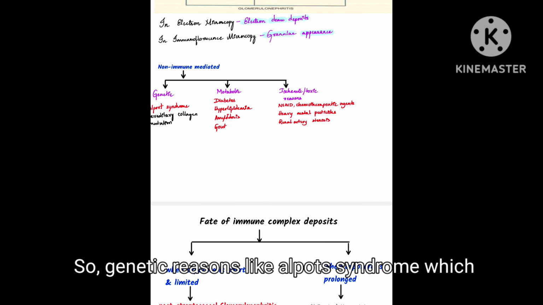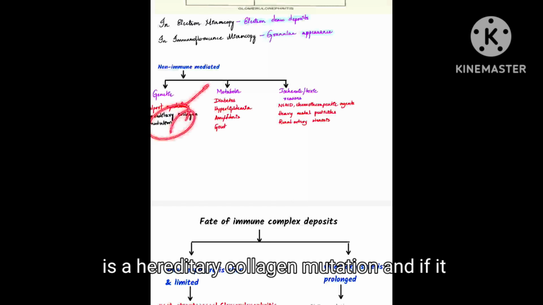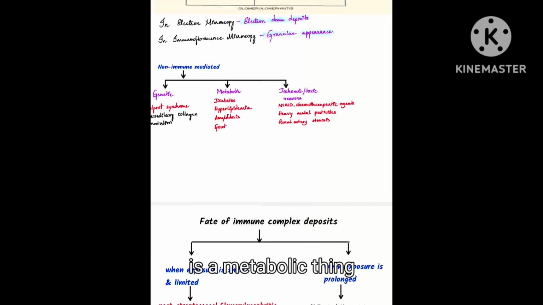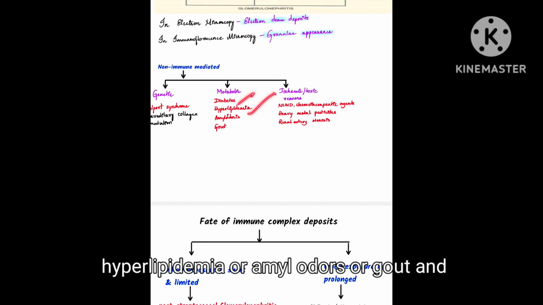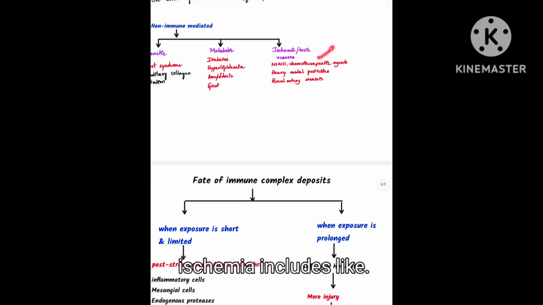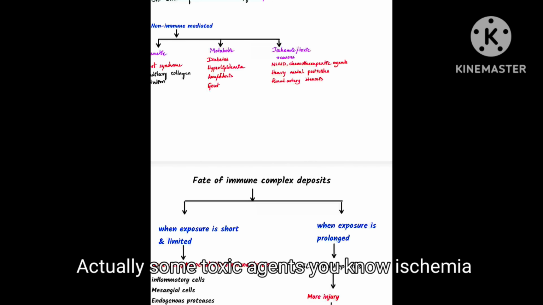Genetic reasons include Alport syndrome, which is a hereditary collagen mutation, and metabolic causes may be diabetes, hyperlipidemia, amyloidosis or gout. And ischemia and some toxic agents.